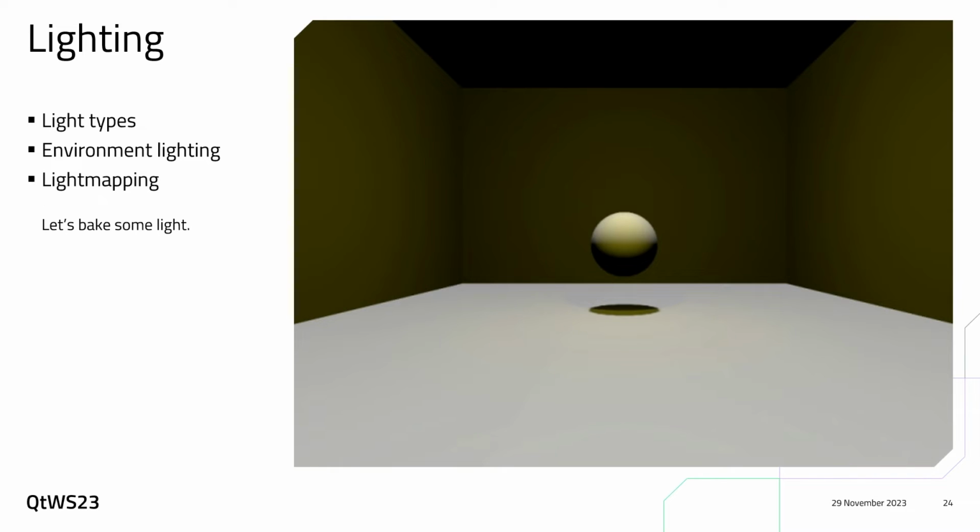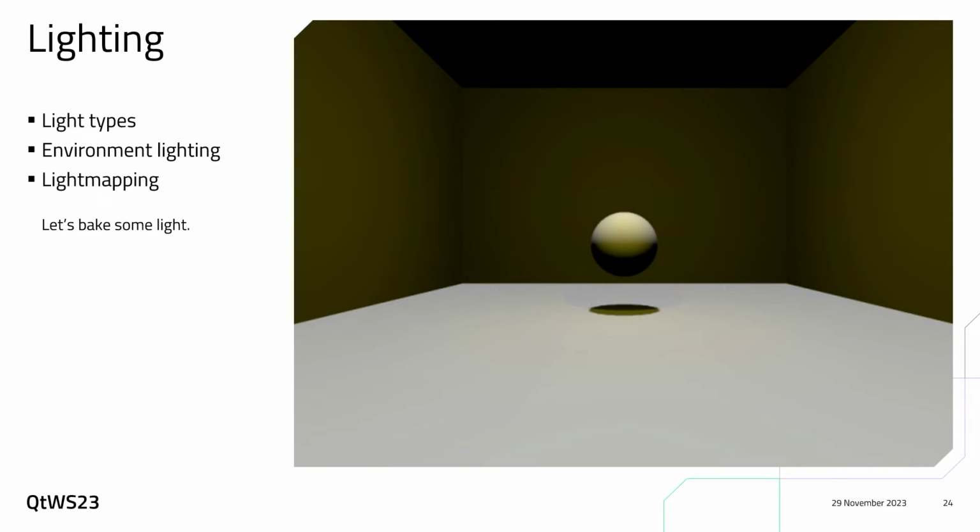Okay, we all want realistic effects. We want bounce lighting, indirect lighting, global illumination. We want soft shadows and so on. But computing them in real time is not so simple. Fortunately, in Qt, we can do this by light mapping.